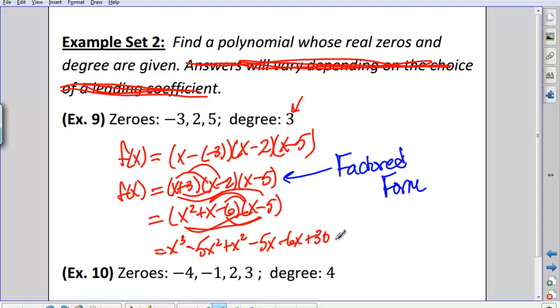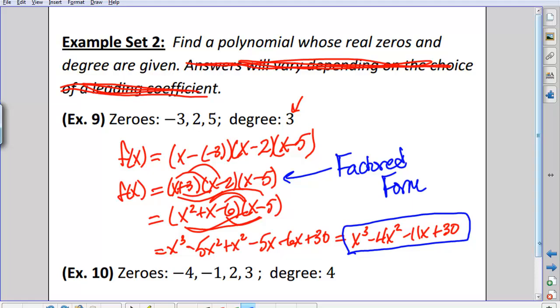So you're just distributing from the trinomial into the binomial. And if you combine a couple of terms together, you get x cubed minus 4x squared minus 11x plus 30. And so this, if it didn't ask for the factored form, then this would be your final answer. So definitely pay close attention to how it wants the question answered there.